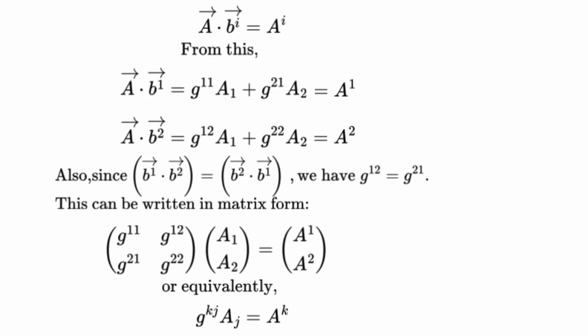A dot b^i equals A^i. From this, also since b1·b2 equals b2·b1, we have g^12 equals g^21. This can be written in matrix form, or equivalently as follows.